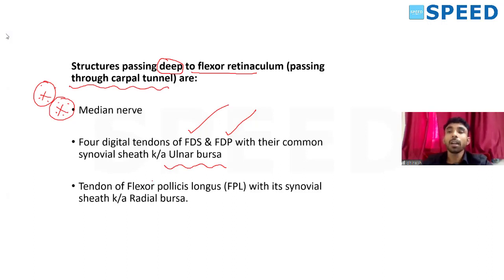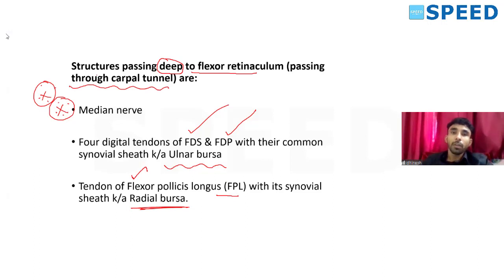Yes, it is called the ulnar bursa. Then, other than these, we have one more tendon moving to the thumb, called flexor pollicis longus, which is surrounded by one synovial sheath called the radial bursa.